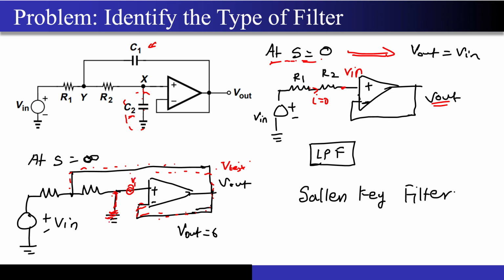So Vp will always be equal to 0. Any change that I give over here will not be reflected over here. So this feedback is extremely weak. Though it looks like there is a complete short from the output towards this particular input, just note that there is a short present at this particular node towards the ground. So any change that I apply over here will not get reflected over here.